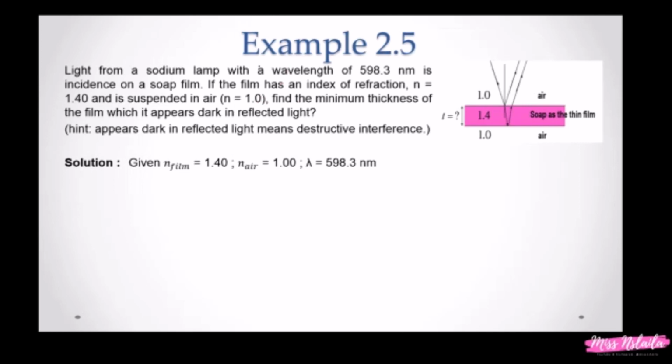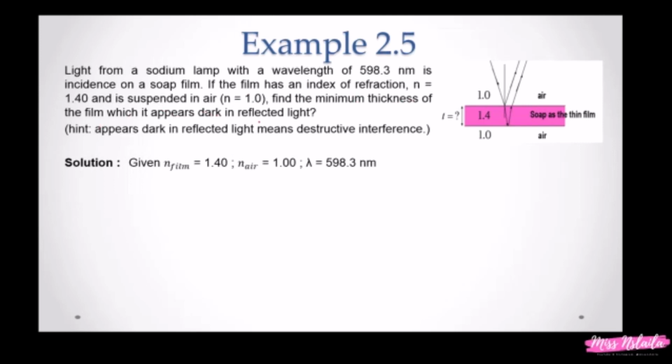Example 2.5. Light from a sodium lamp with a wavelength of 598.3 nanometer is incident on a soap film. The film has an index of refraction n equal to 1.4 and is suspended in air, n equal to 1. Find the minimum thickness of the film which appears dark in reflected light.